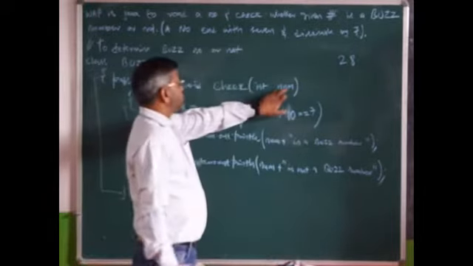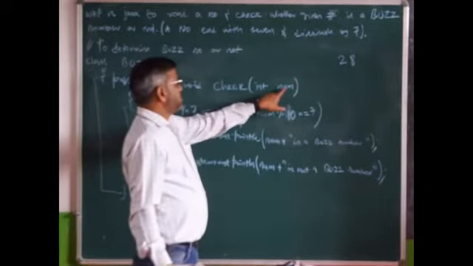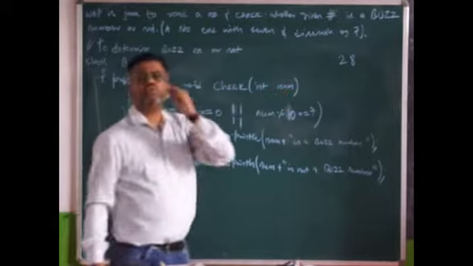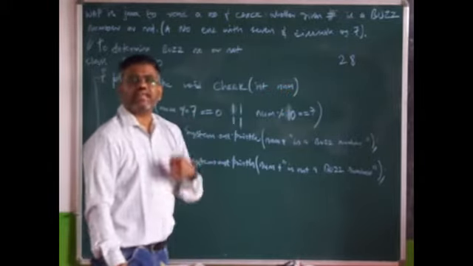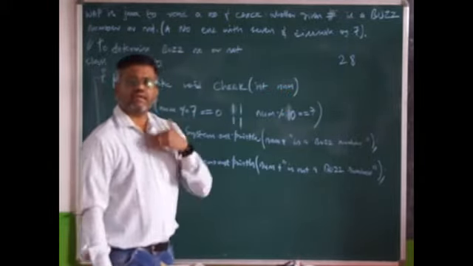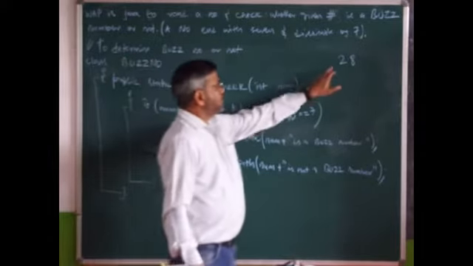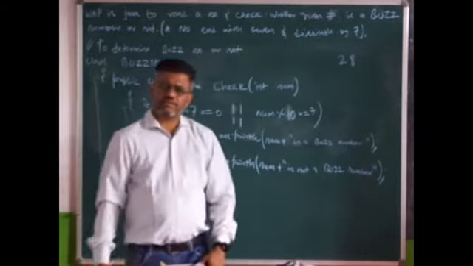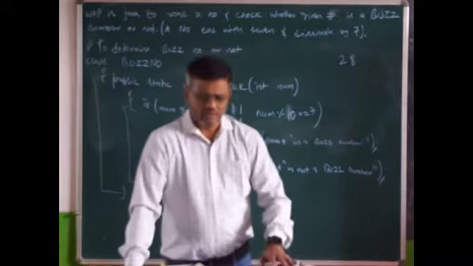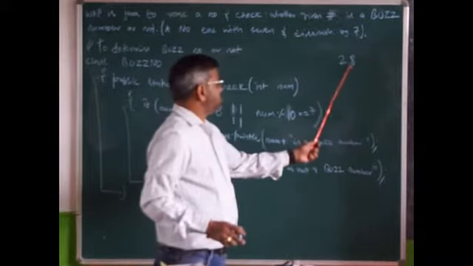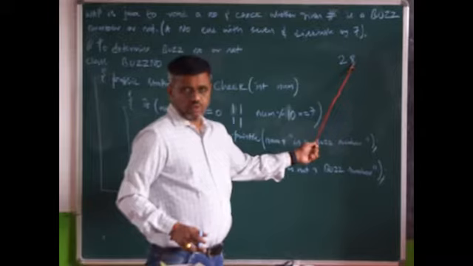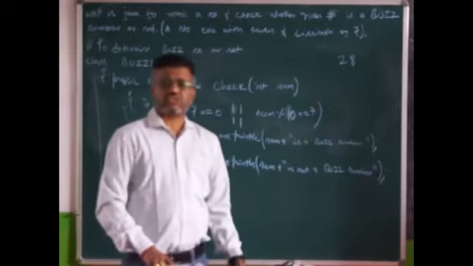28. The computer will ask you for an integer number, called as num. You, the user, have to feed it at the time of execution, at the time of run. Imagine I give 28. Does it end with 7? No. Is it divisible by 7? Yes.